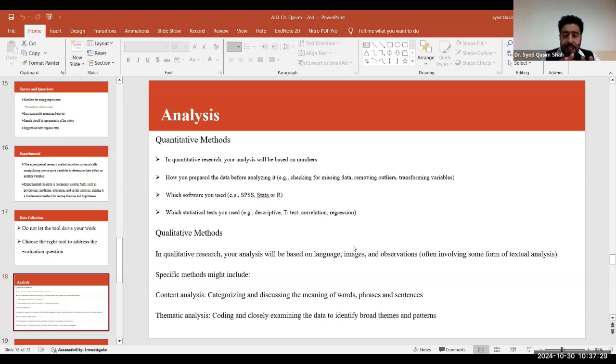Whenever we are analyzing the data that we have gathered from the different sources, before analysis we need to consider a few things. Let's say we are checking for missing data.